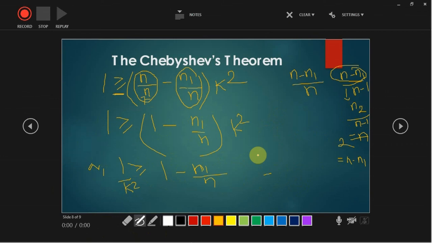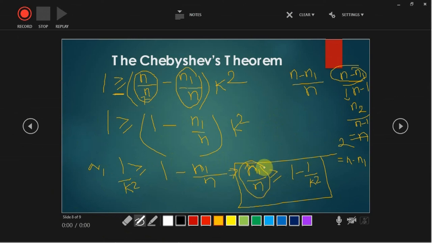Now finally, n1 over n, we take this side, is greater than or equal to 1 minus 1 over k squared. So this is the result. This is the percentage of observations lying within the range, which should be at least 1 minus 1 over k squared.